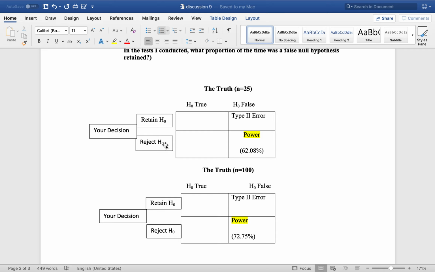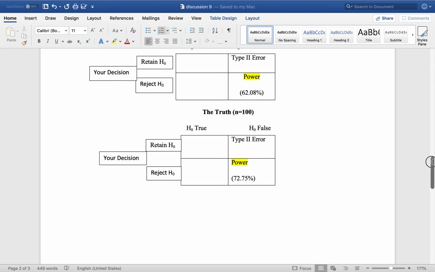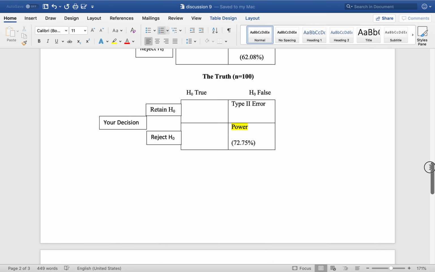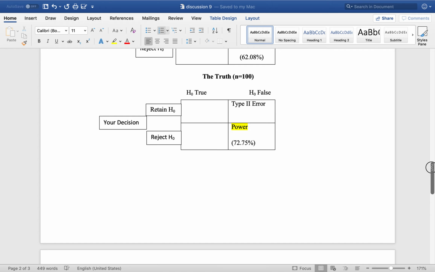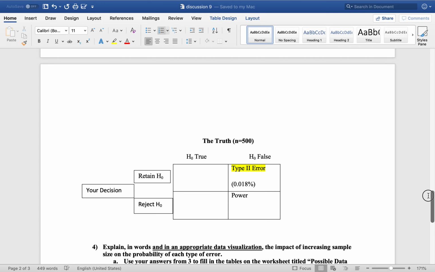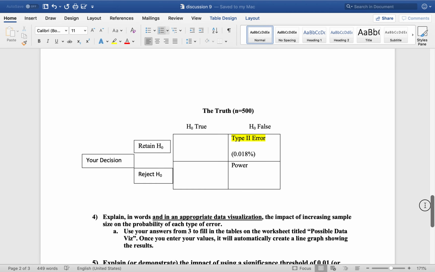Since this hypothesis was false, I chose to reject it, so that's why it would be power. For n equals 100, I also got power, so again I decided to reject the null hypothesis because it was already false. And for this one, I found that it was a type 2 error, because I retained the null hypothesis even though the truth said it was false.